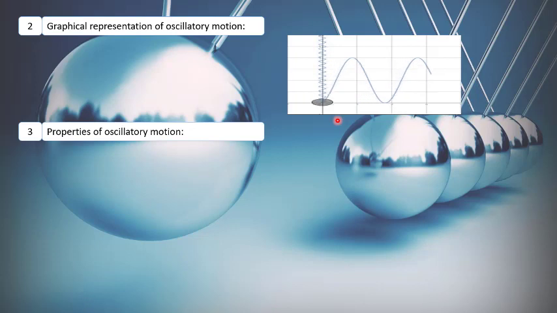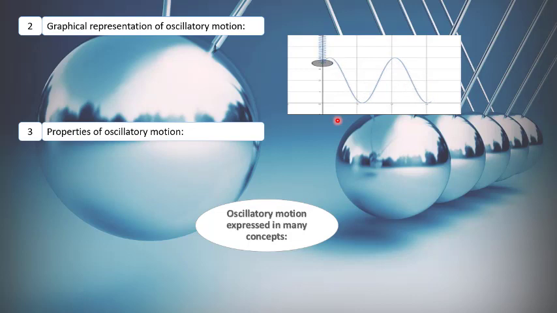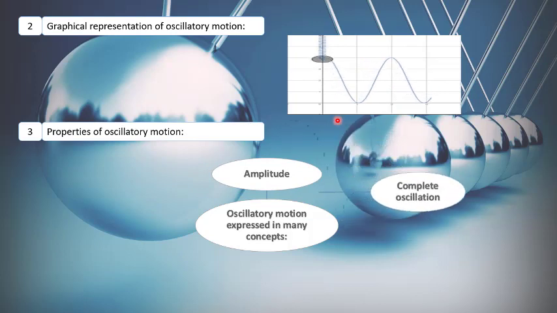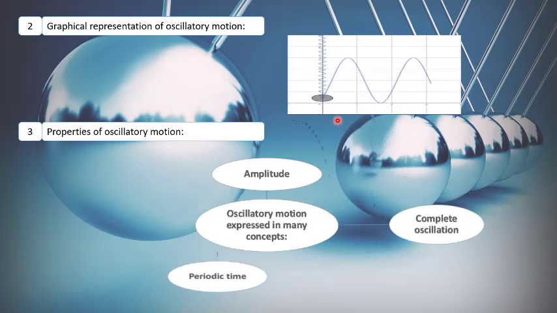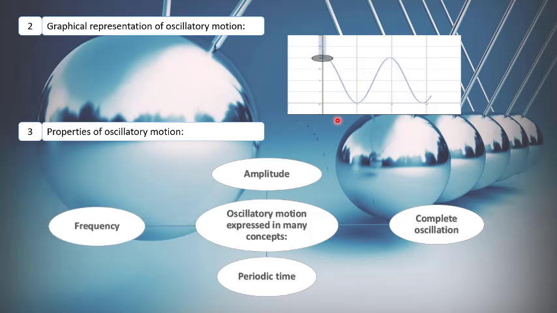Properties of the oscillatory motion. Oscillatory motion is expressed in many concepts like amplitude, complete oscillation, periodic time, and frequency. Let's see these definitions.